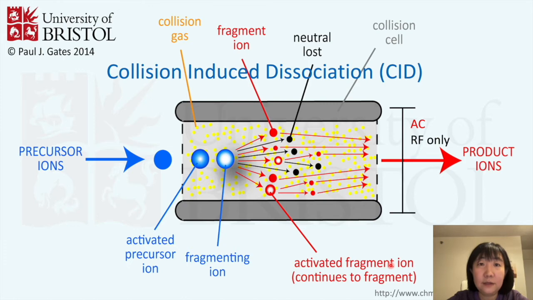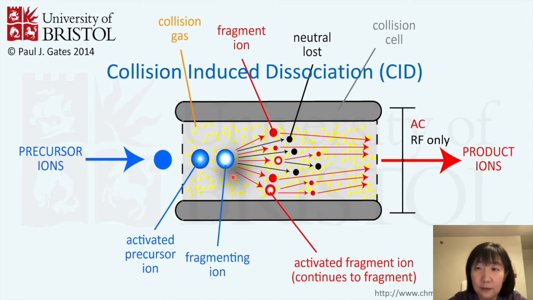Collision-induced dissociation, CID, is a classical and also the most popular fragmentation technique. It's also widely applied in proteomics. For CID, selected precursor ions are accelerated by an electrical potential and then allowed to enter the collision cell or ion trap where the collision takes place. Then the precursor ions collide with neutral molecules of the collision gas, often helium, nitrogen, or argon.